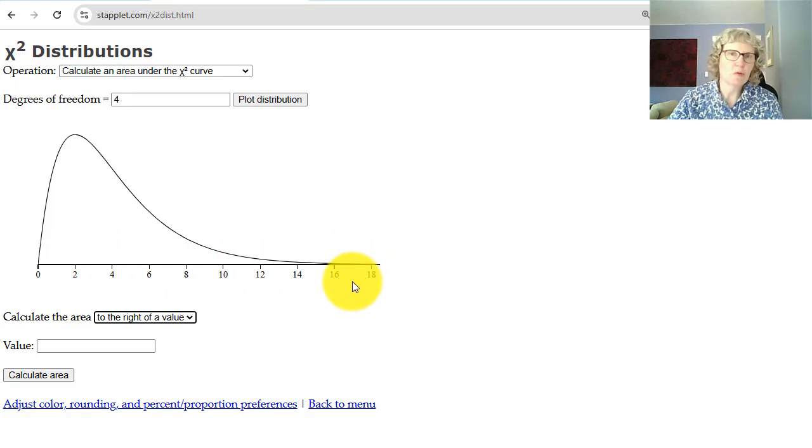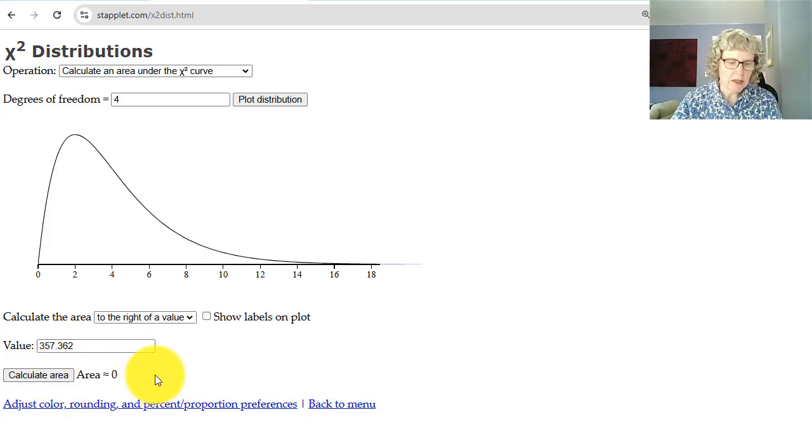It can't be any more perfect than 0. Then we put in our test statistic right here, that is the 357.362, and calculate area, and that is where that 0 comes in.